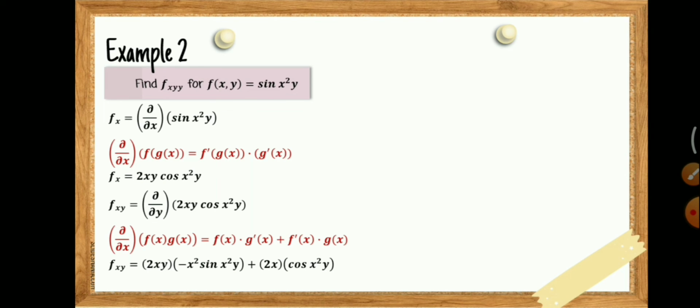Using the multiplicative inverse, we have now negative 2x cubed y sine x squared y plus 2x cosine x squared y.